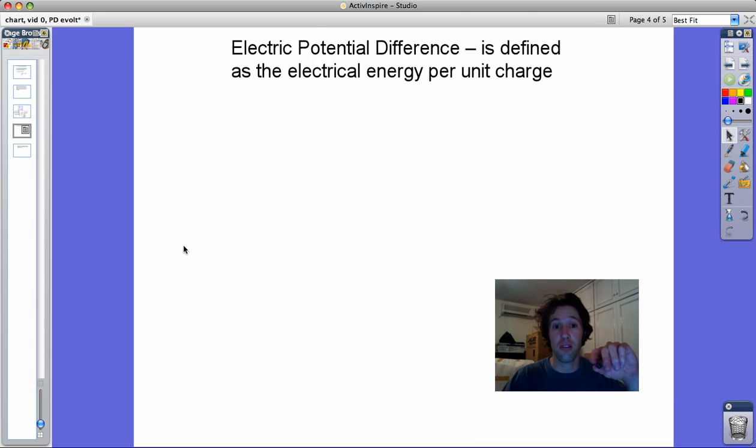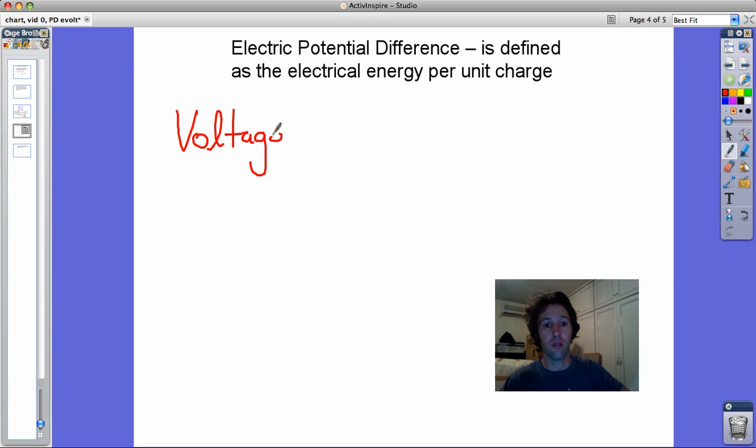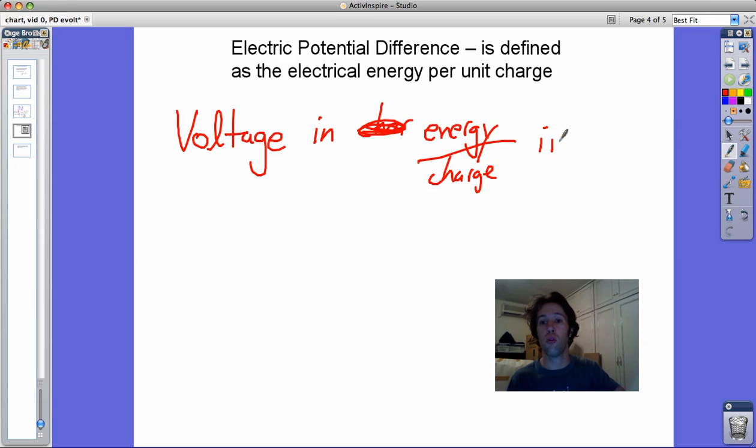So here's the actual definition for electric potential difference. You can pause it and write this down, but know that this is the same thing as voltage. Voltage and potential, or voltage and potential difference, it's all the same thing. And you want to know that this is in energy per unit charge, or in units of joules per coulomb.